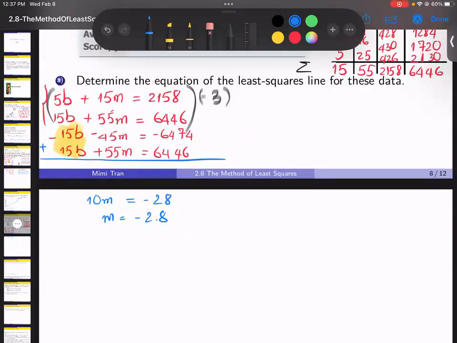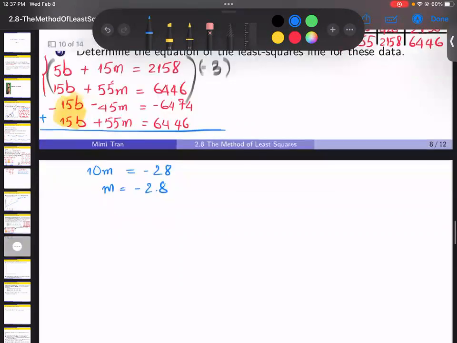Now you find b. I'm going to use the first equation because it looks simpler between the two. So 5 times b plus 15 times m. M is -2.8, equal 2158.